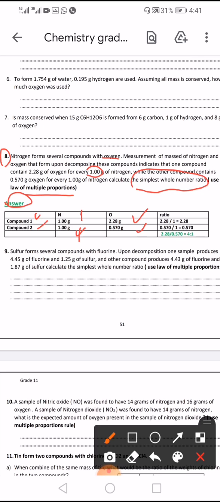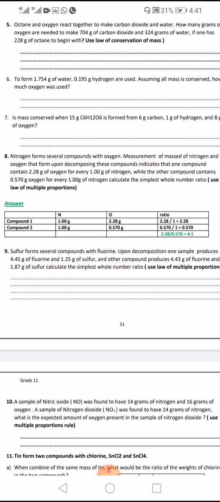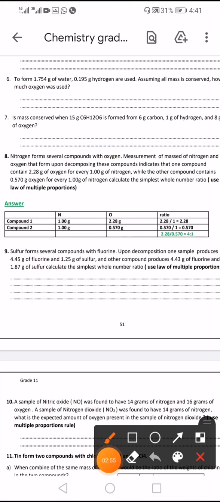To get the ratio of oxygen in the two compounds, we should divide the oxygen of the two compounds by the smallest number. So here in oxygen, which one is the smallest number? Oxygen in compound 1 or oxygen in compound 2? Oxygen in compound 2.